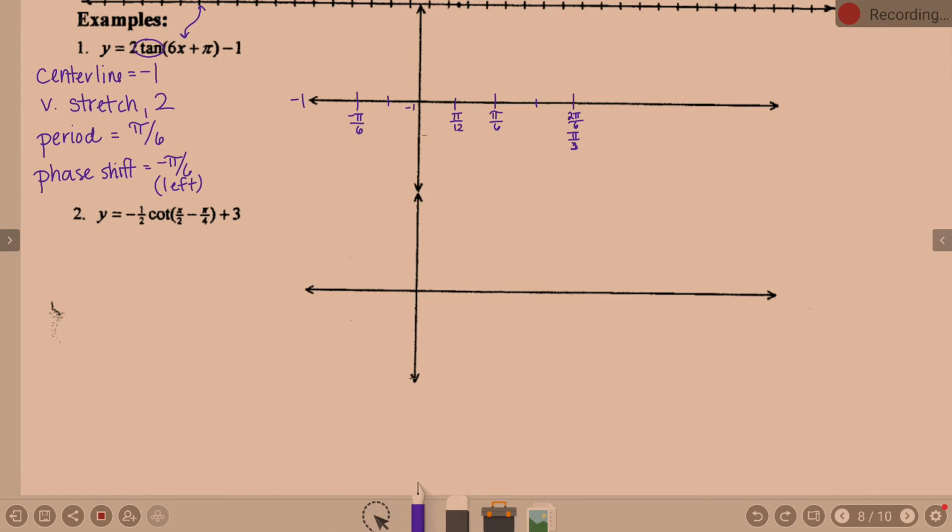Now, with that in mind, we're about ready to draw our curve. Is this tangent or cotangent? Tangent. This is tangent. Now, what does tangent say we start with? Origin. You have a dot on the origin. Now, I'm not actually putting the dot here right now. I'm just thinking.